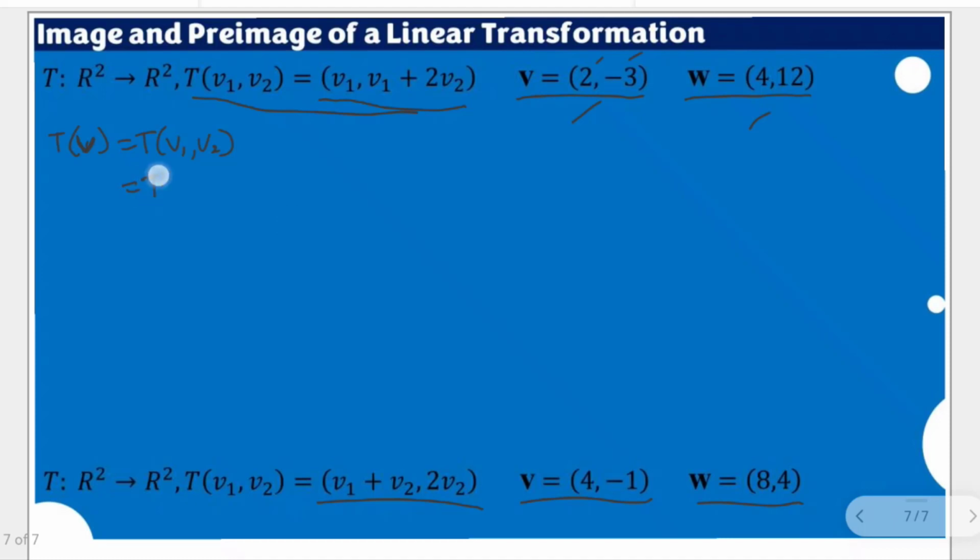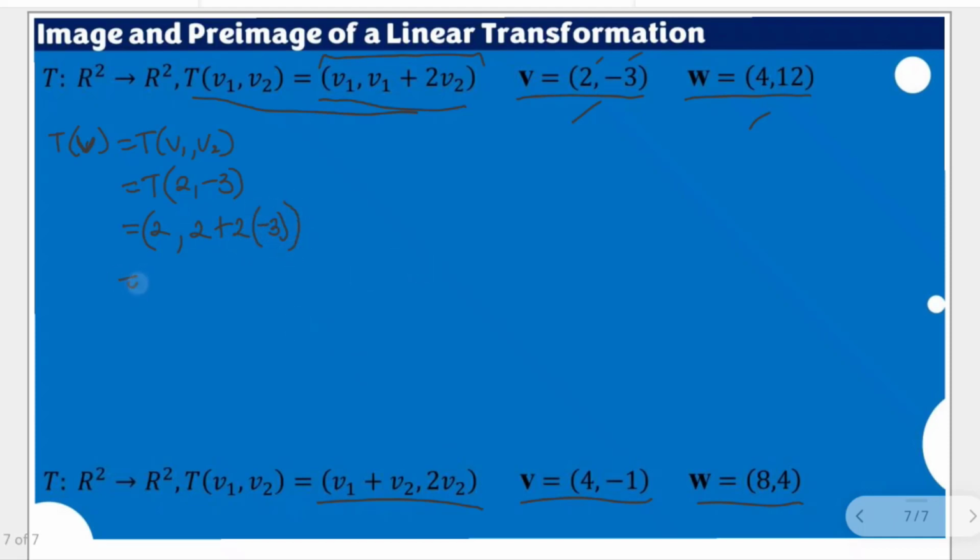So you have here the linear transformation of the vector v represented by 2 and negative 3. And then, once we are going to solve for its image, simply use this defined form here. In short, we'll have v sub 1, which is 2, comma, v sub 1, which is 2, plus twice your v sub 2.